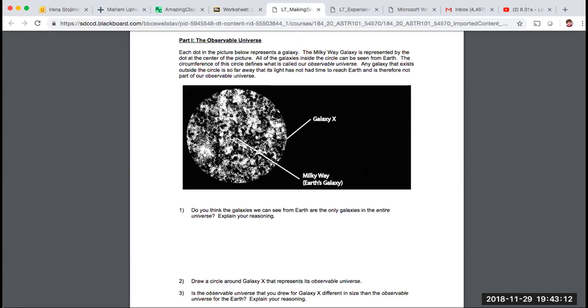Because while their light was traveling towards us, they were moving away from us. So the light took 13.7 billion years to reach us, and these galaxies are now way beyond 13.7 billion light years away. If this is the observable universe, there are definitely galaxies outside of it now, and their light will take much longer to reach us.